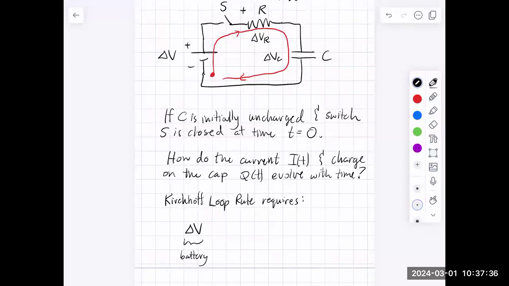We have the left-hand side of our resistor connected to the positive terminal of the battery. So that's a high potential side. And the opposite side is going to be connected eventually to the negative terminal.